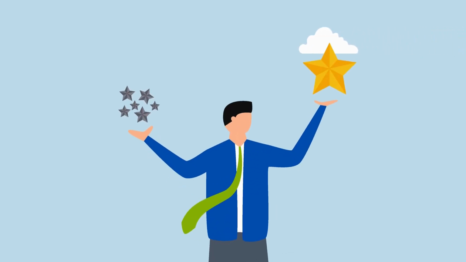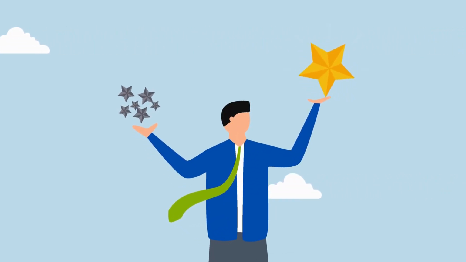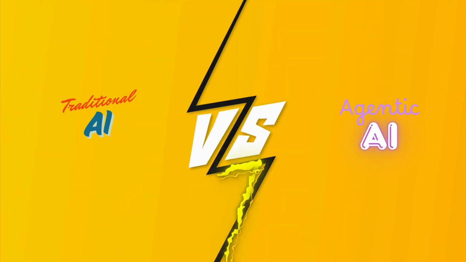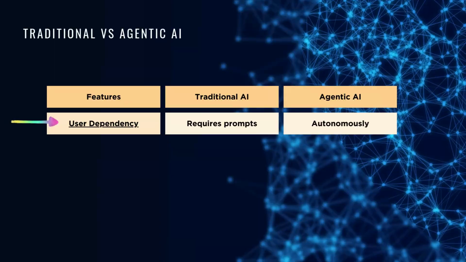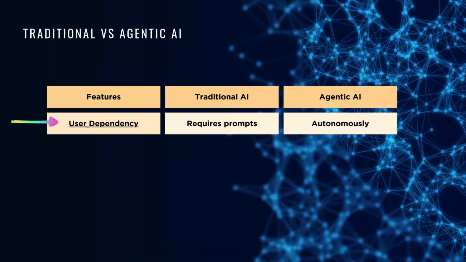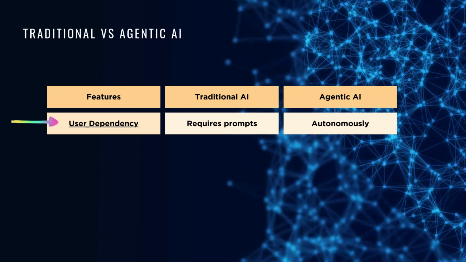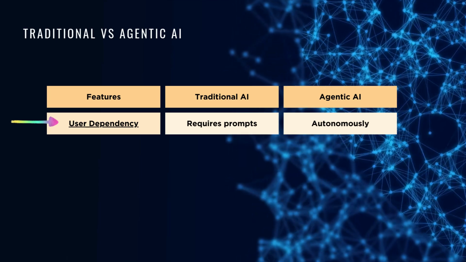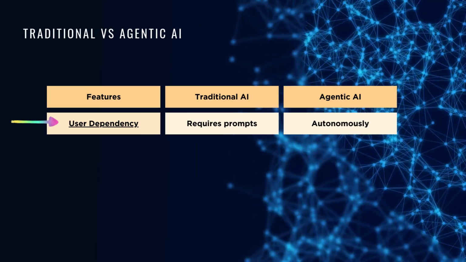To understand the four main differences between traditional AIs like ChatGPT or LLMs and agentic AI: one, user dependency. Gen AI applications like ChatGPT require direct communication prompts, whereas agentic AI works autonomously.